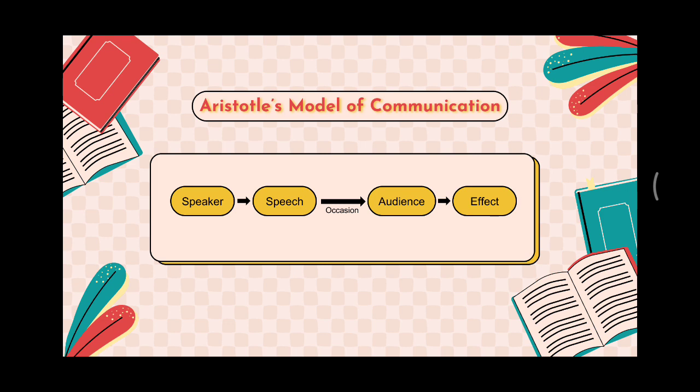I think in the times when this model was created, plays, speeches, and the like were famous. That's why there is only a linear type of communication, and the purpose of the audience is just to react or laugh or smile or be mad at what they listened to or viewed.